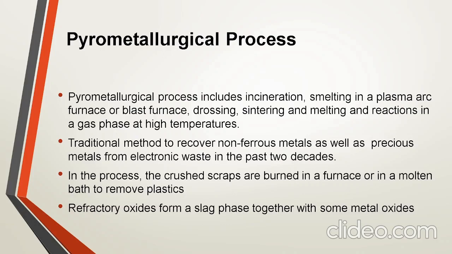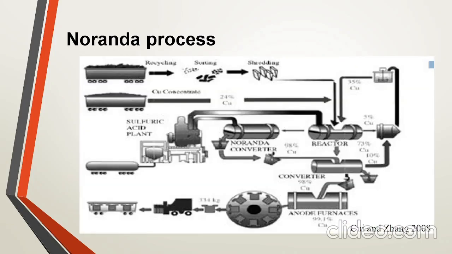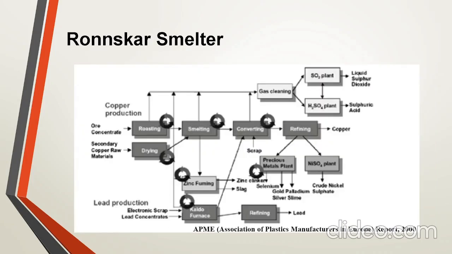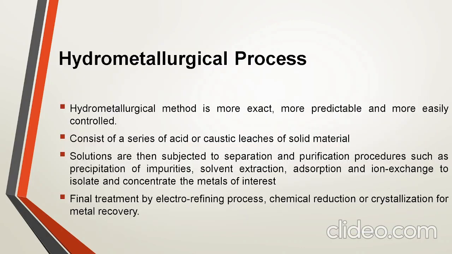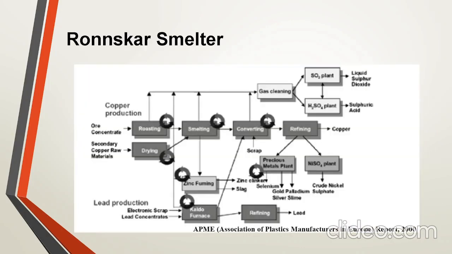The crushed scraps are burnt in a furnace or in a molten bath to remove the plastics, and refractory oxides go to the slag phase together with some other metal oxides. Two examples of pyrometallurgical processes are the Noranda process and the Ronnskar smelter process.